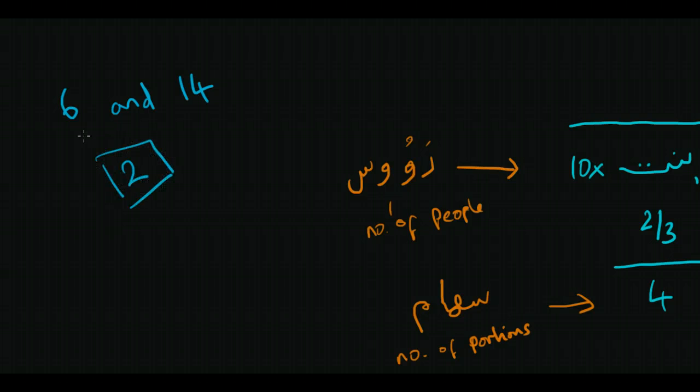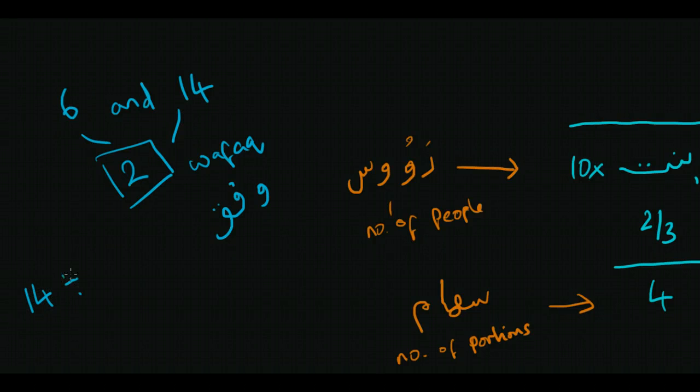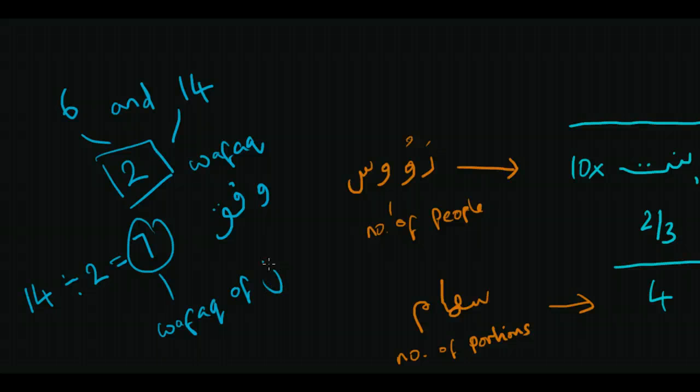Now 2 is the wafaq of 6 and 14. So in order to work out the wafaq of just 14, we divide 14 by 2, and we're left with 7. And this 7 is the wafaq of just 14 in this particular situation.